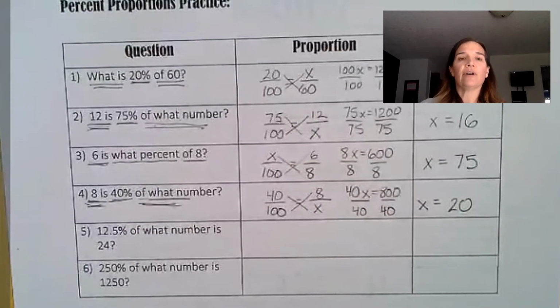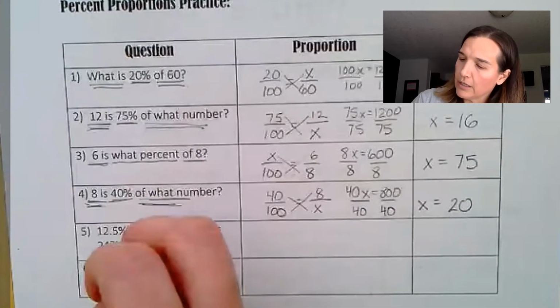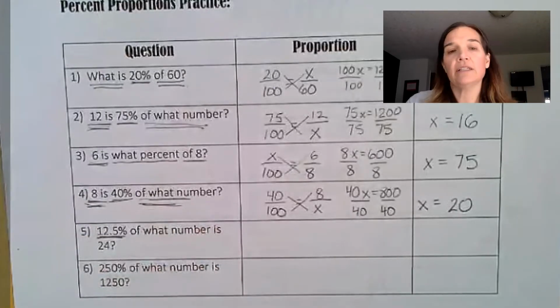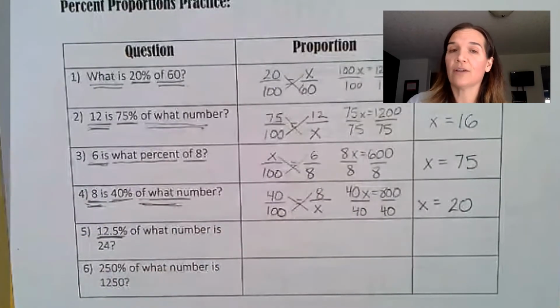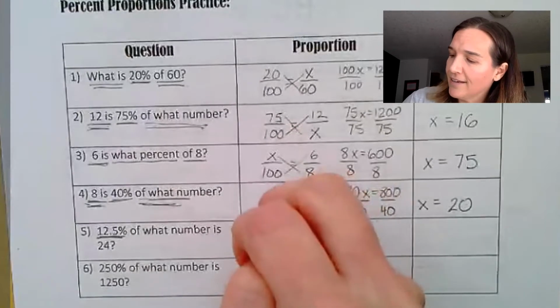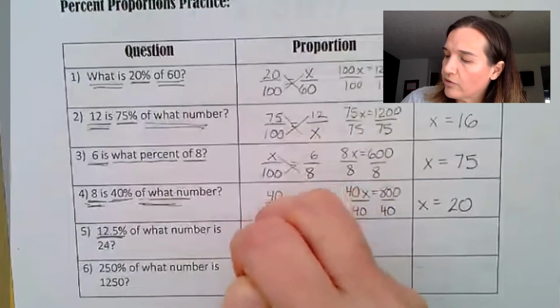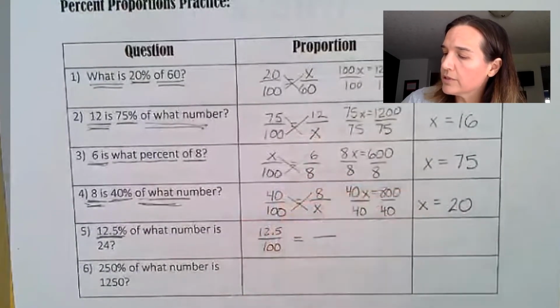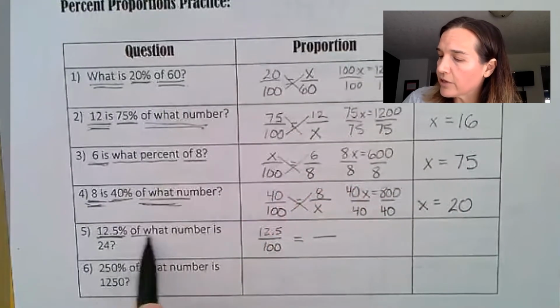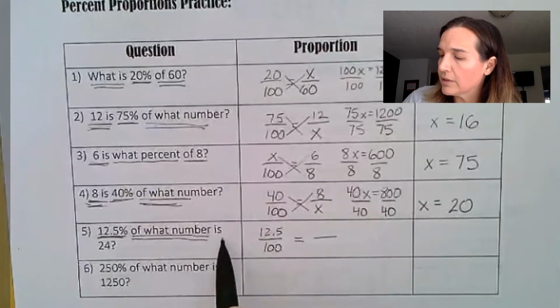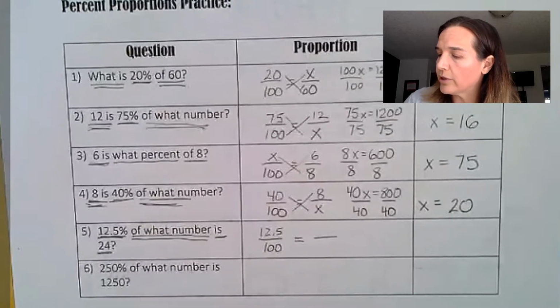Next one, number 5, 12.5% of what number is 24? Here's the percent. They kind of put it in a different order this time, but again, you can always tell the percent because it has a percent sign. So I'm going to write 12.5 over 100 equals, and my is over my of. Here's of what number is 24.